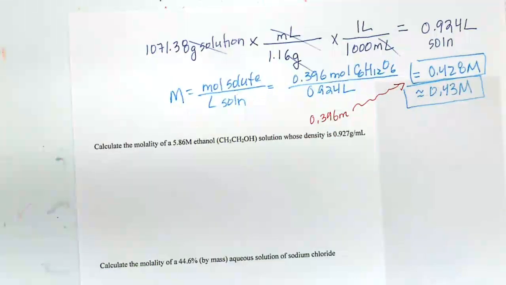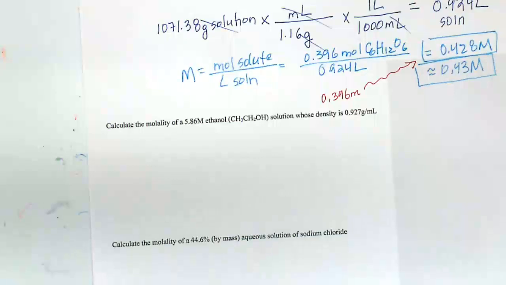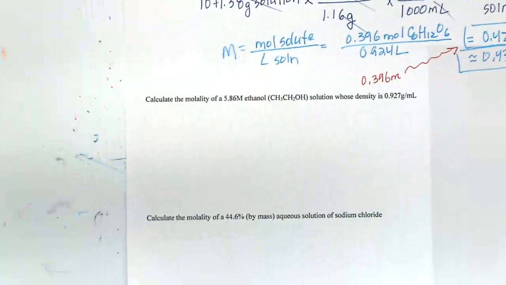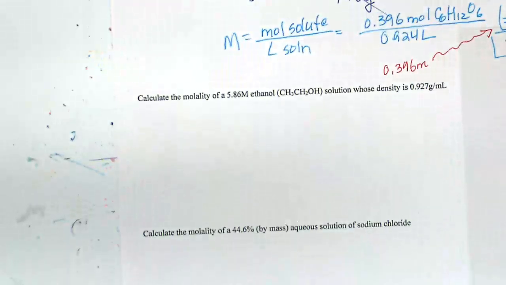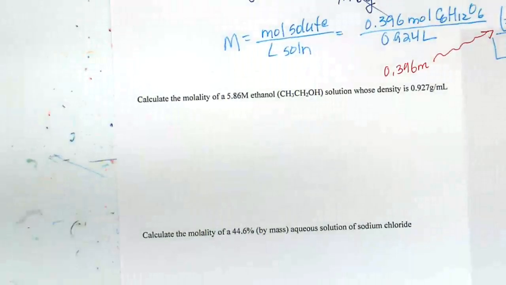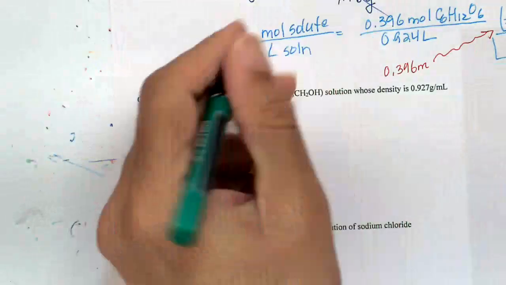All right, let's do another problem here. We've got another 20 minutes or so. Calculate the molality of a 5.86 molar solution of ethanol, and the density is 0.927 grams per mil. So now we have 5.86 moles over liter ethanol.